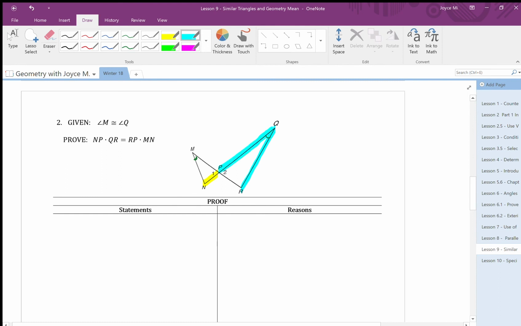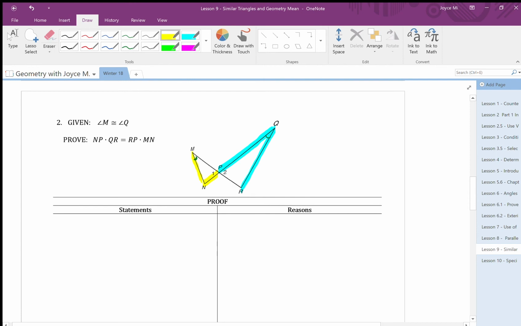So I want the cross product of these two sides, and MN is this side over here. It looks like they are corresponding sides. So let's write my plan: prove the triangles similar first. Excuse me, I keep saying congruent. I need to prove that the triangles are similar. If I have similar triangles, then corresponding sides are proportional.